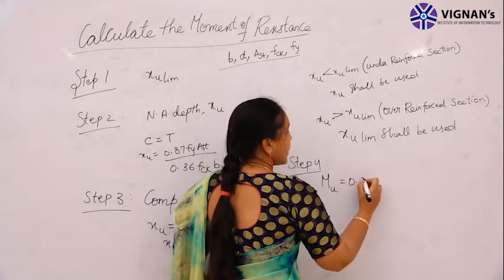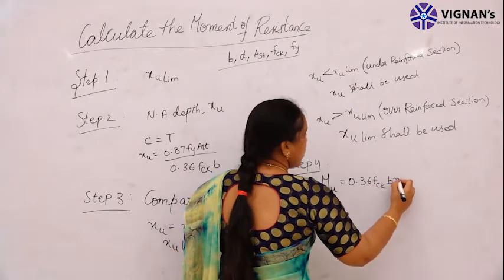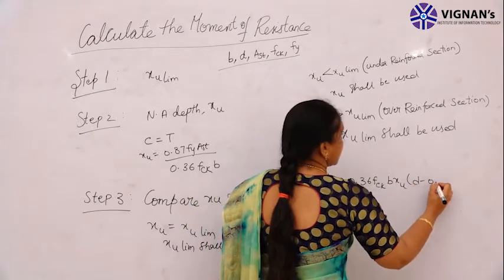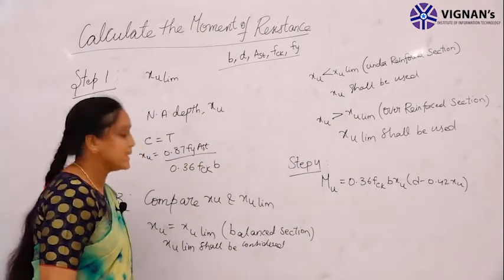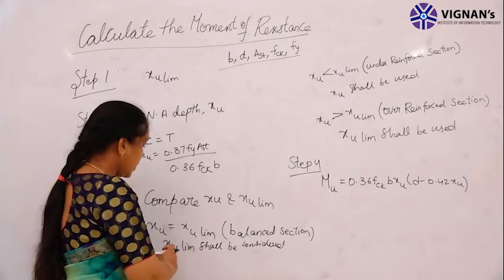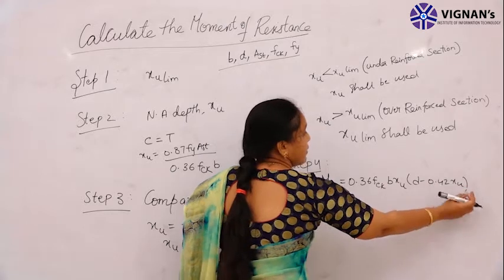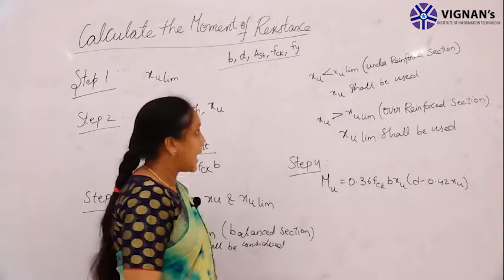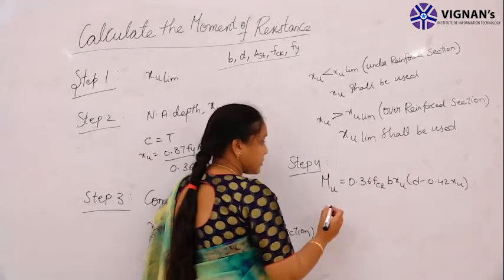With respect to concrete, it is 0.36 FCK B into XU into D minus 0.42 XU. If it is a balanced section, in place of XU you will substitute XU limit, and the same for an over reinforced section.